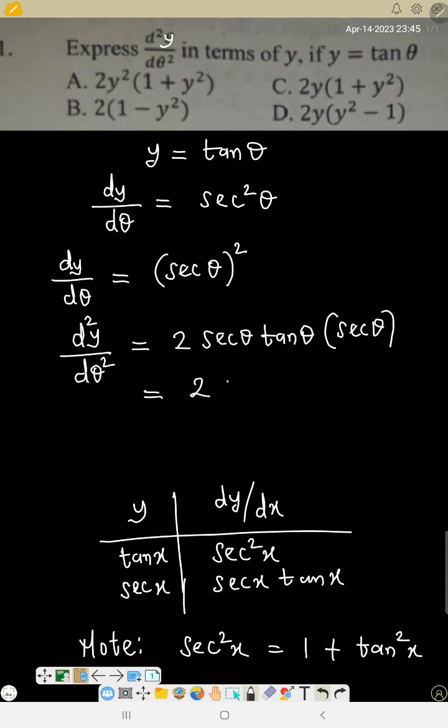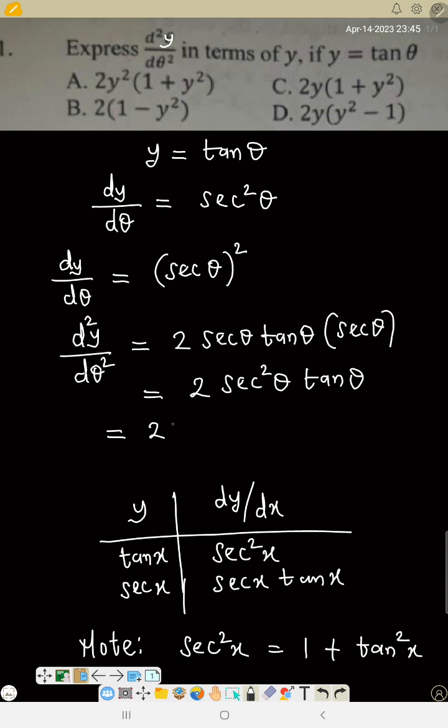So now this will be 2 sec² θ tan θ, because sec θ times sec θ gives sec² θ. And remember in my trig identity, sec² x is 1 plus tan² x.